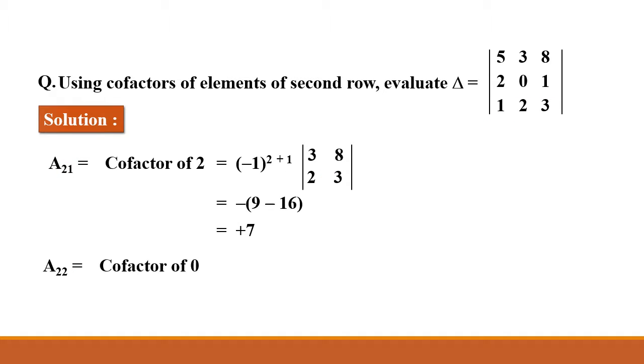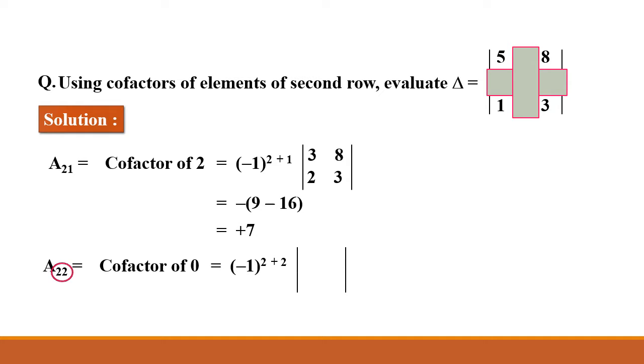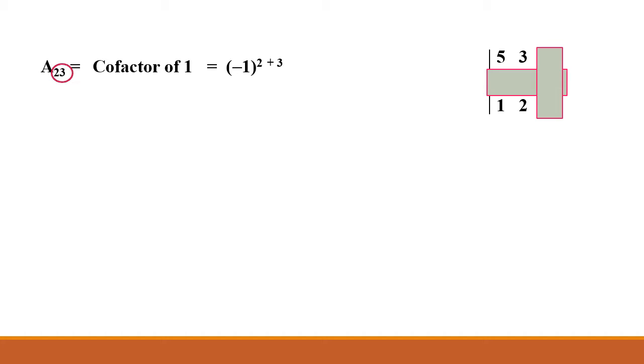Similarly, the cofactor of second row second element A22 is equal to minus 1 raised to 2 plus 2, 5 8 1 3. On simplifying we get 15 minus 8, which equals 7. Next, the cofactor of the second row third element equals minus 1 raised to 2 plus 3 into 5 3 1 2. On simplifying we get minus of 10 minus 3, which is equal to minus 7.